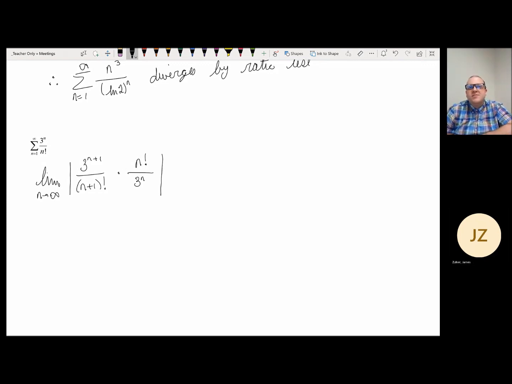All right, so you set up the limit. We see it's going to be positive. So we're just going to drop the absolute values.